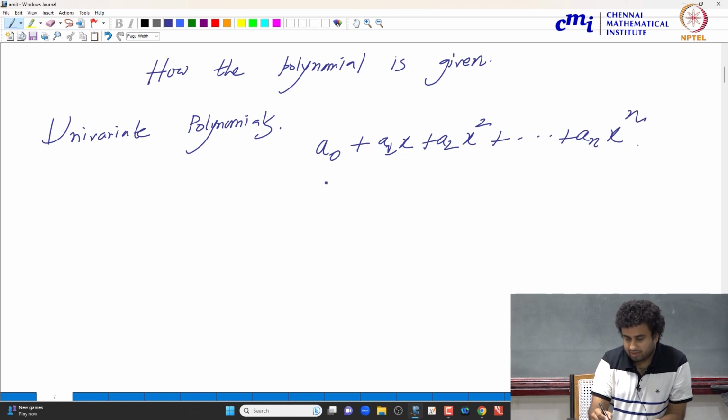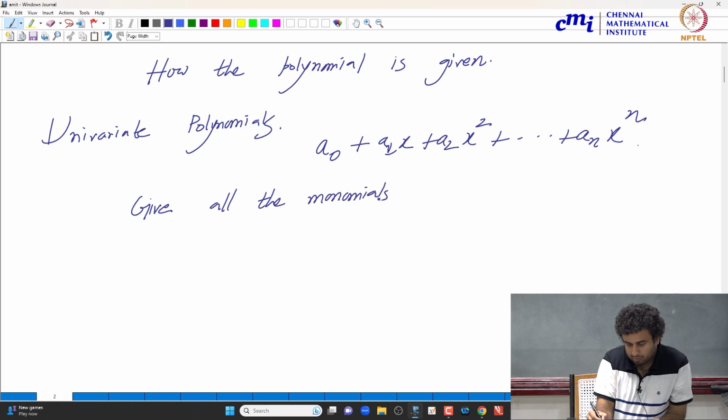So you can represent it in this form, right? Like you can give all the monomials and its corresponding coefficients.